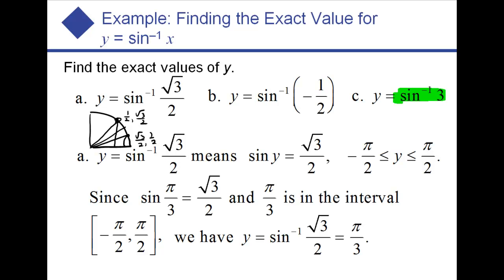This is where x, your cosine value, is square root of 3 over 2, and your y, your sine value, is 1/2. And this is the opposite. This is 60. So sine of 60 gives us square root of 3 over 2, and 60 is pi over 3. Is pi over 3 in our interval? It is, so that's the answer, pi over 3.